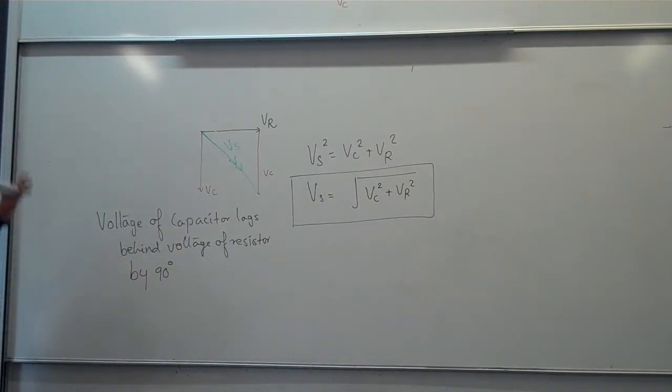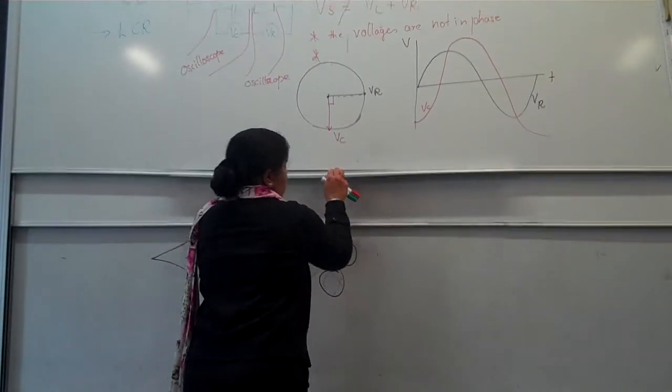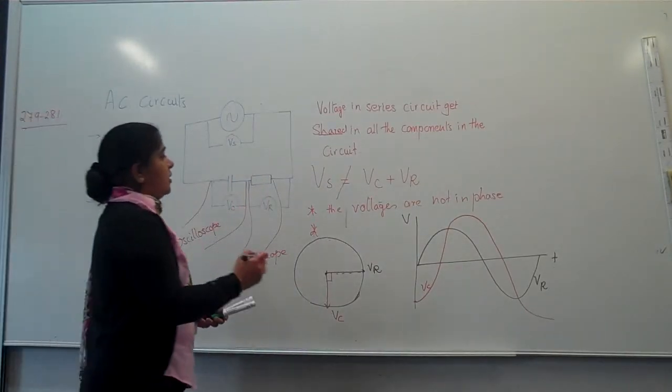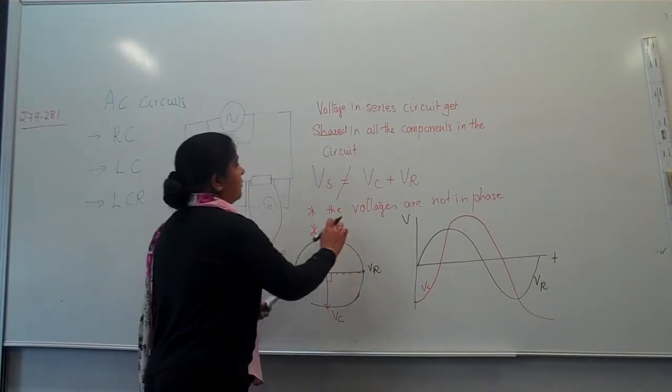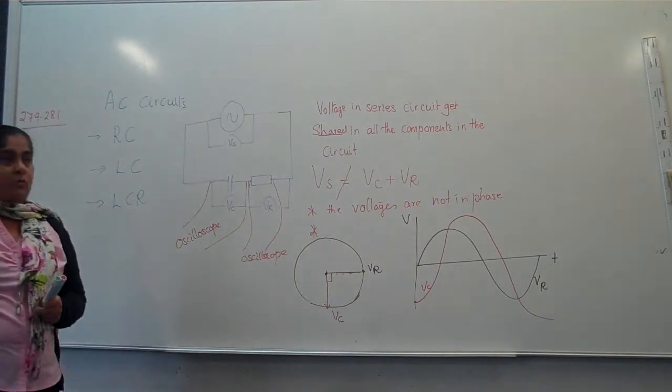So that's one of the reasons the two voltages do not add up. Okay, and there's another reason why they do not add up. It is because of the voltages that are read on the meter, our normal multimeters, when we connect them.